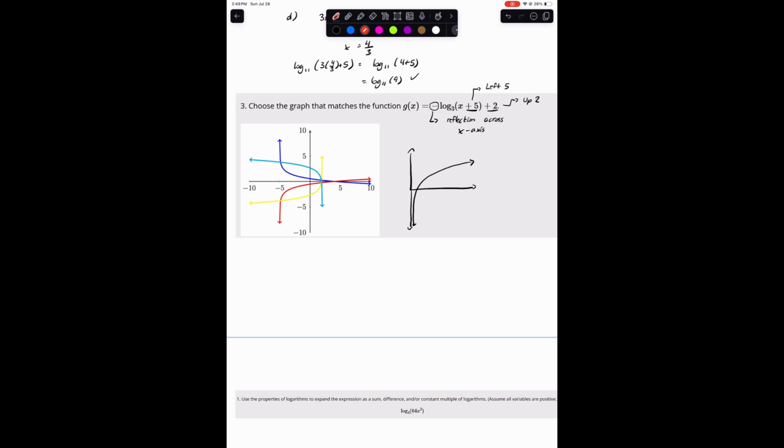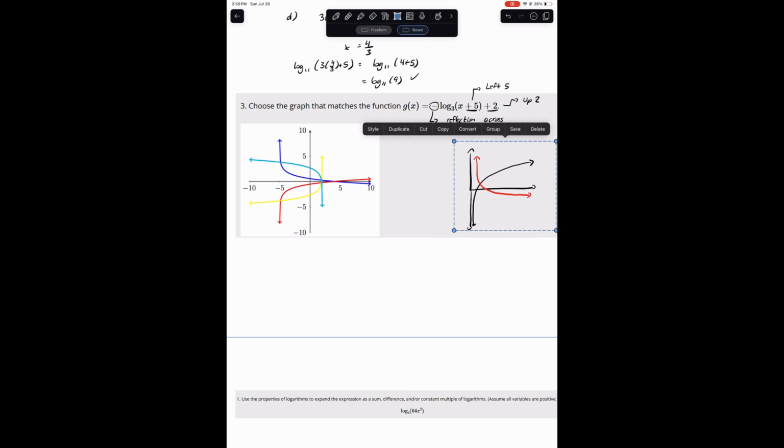If we reflect first, we'll get something kind of like this. All right, trying to see where we go. If we go left 5, then I need to move this graph over.